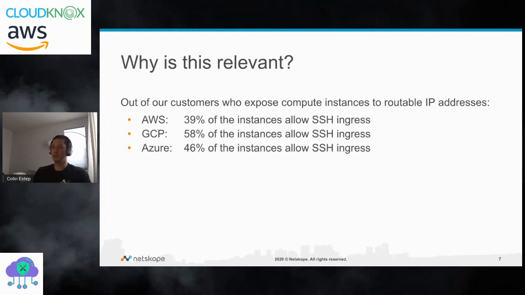So to me, this kind of signals that people are still running Bastion hosts. People may even be running SSH on sensitive workloads directly. And so this is definitely something that's still around and still relevant. And we should look at this a little bit more closely to find what's the best approach for each case.